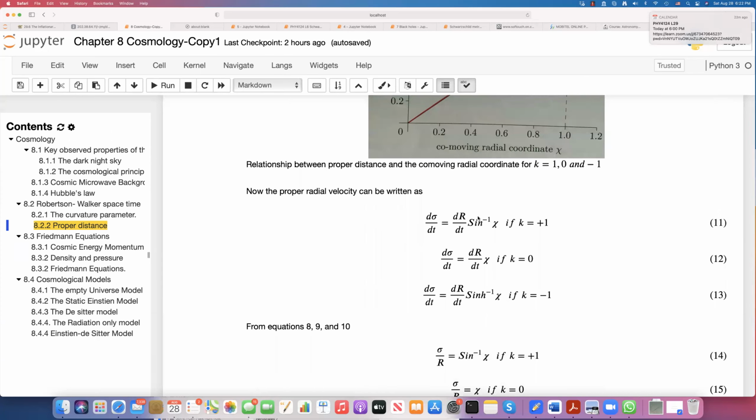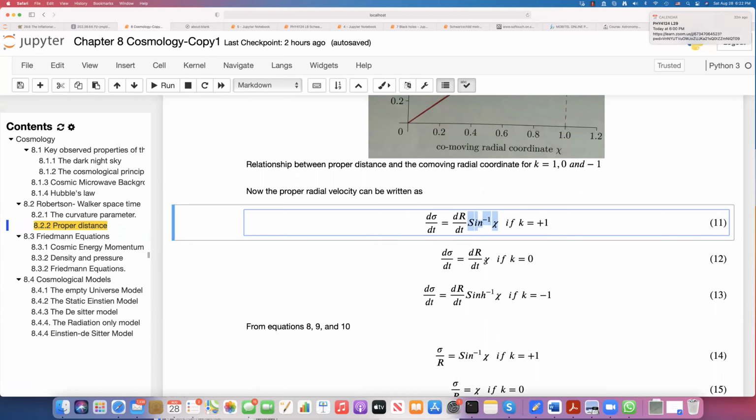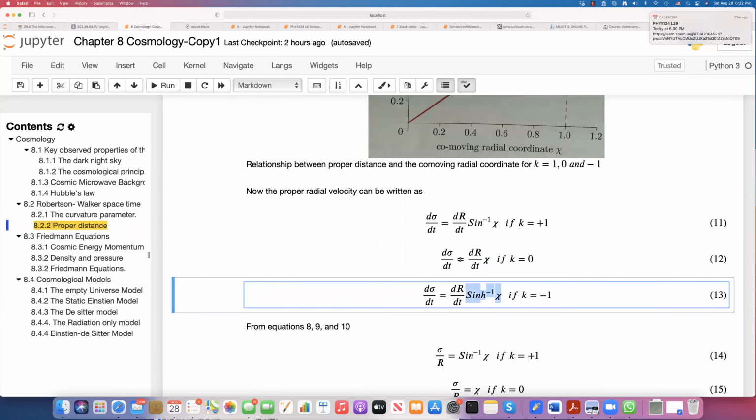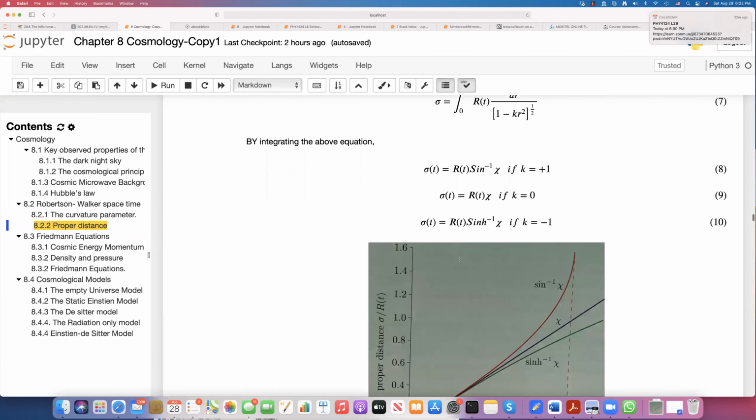Now again, you can substitute for the sine inverse chi, and for this one and this one, using equations 8, 9, and 10. Because from here you can take an expression for the sine inverse chi.